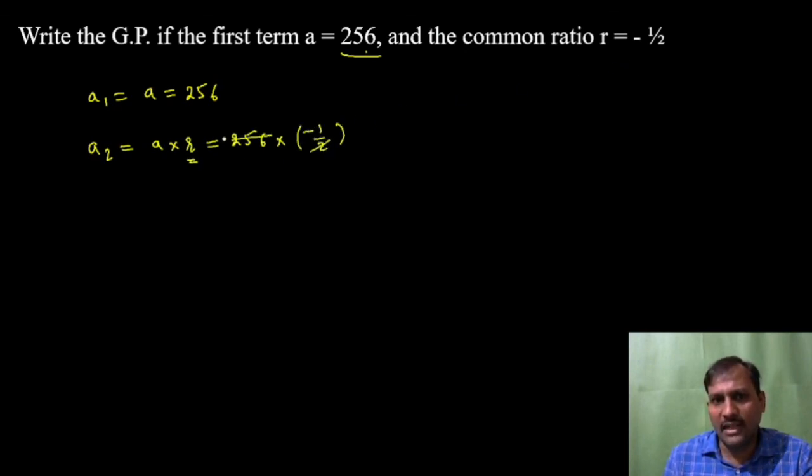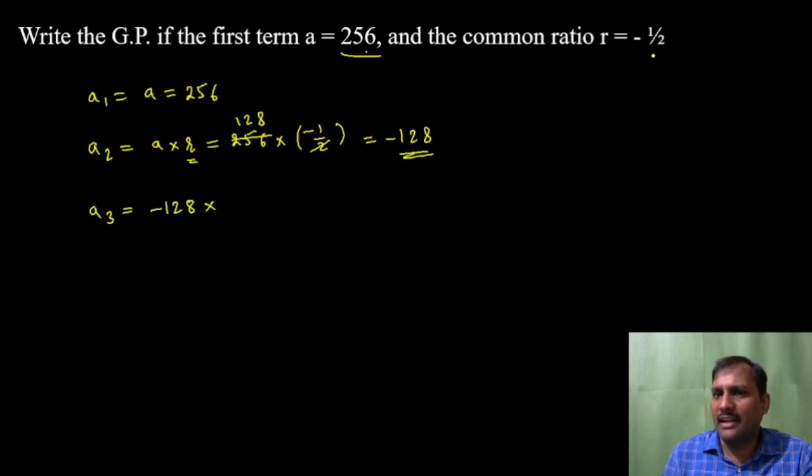So 2 ones are 2, 128. That is minus 128. To get the third term, we have to multiply the second term minus 128 with the common ratio minus 1 by 2. So 2 ones are 2, 2 64s. Minus into minus will become plus. 64 into 1, 64.